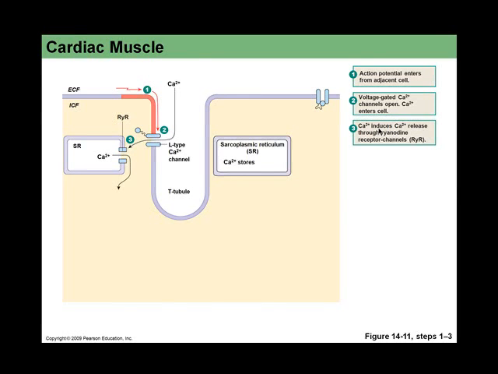So rather than in the skeletal muscle, where we talked about flushing a toilet, where you push one lever here and it pulled something out there to open these, now we're talking about a chemical signal, the extracellular calcium entering the cell. So the calcium influx creates a local increased calcium concentration, similar to vesicular release that we talked about, exocytosis.